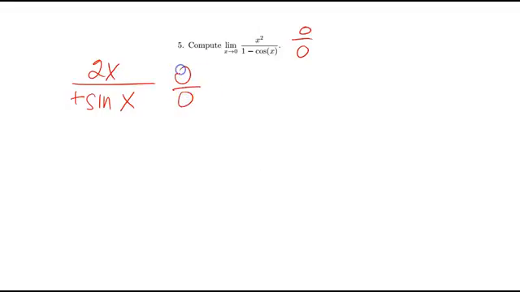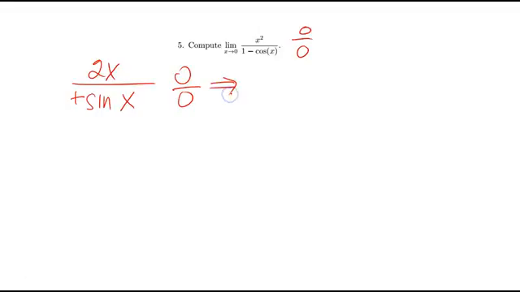It says compute the limit of this. I believe we have to again use L'Hopital's rule, because right now this is 0 over 0. So if I take the derivative of the top, I get 2x. The derivative of the bottom, the derivative of negative cosine, derivative of cosine is negative sine, so that means negative cosine gives sine. All right, if I put 0 in here, 0 over 0, it's indeterminate.